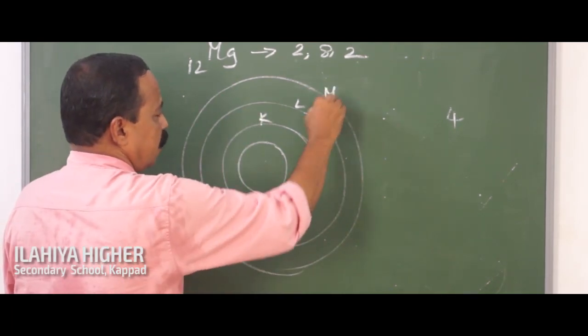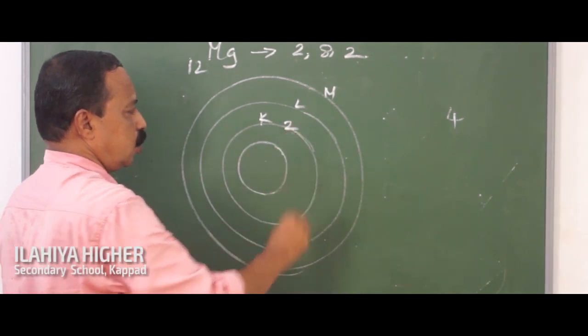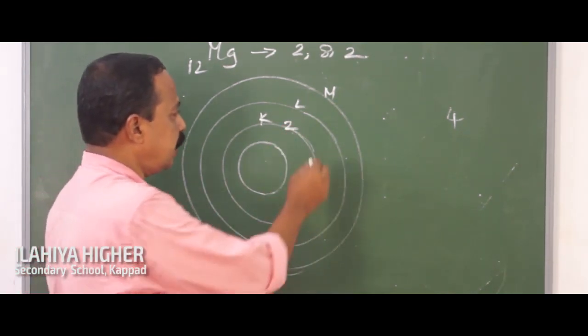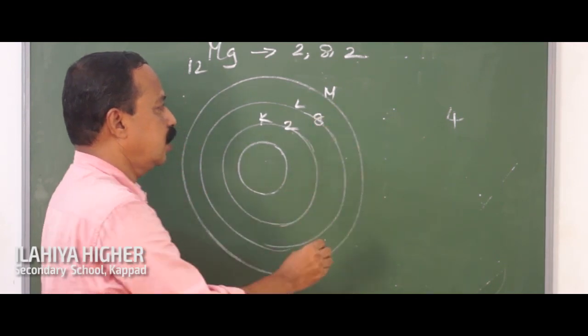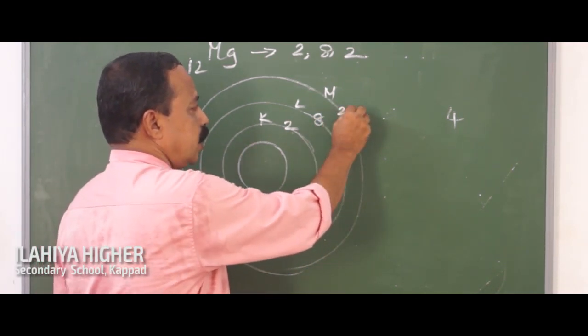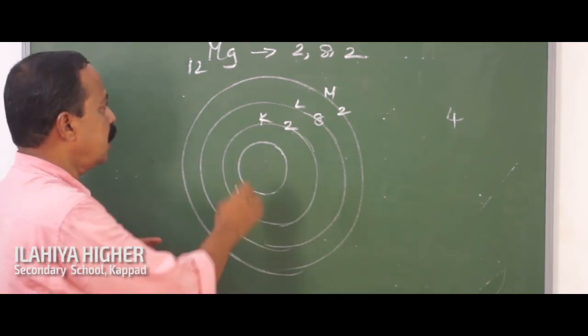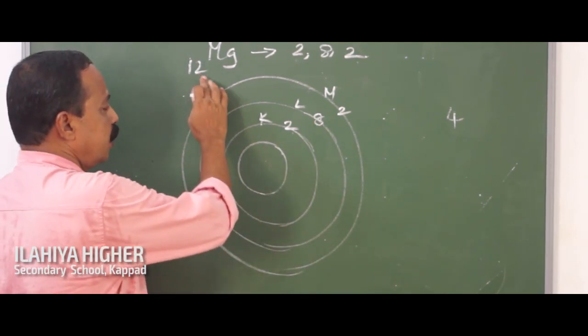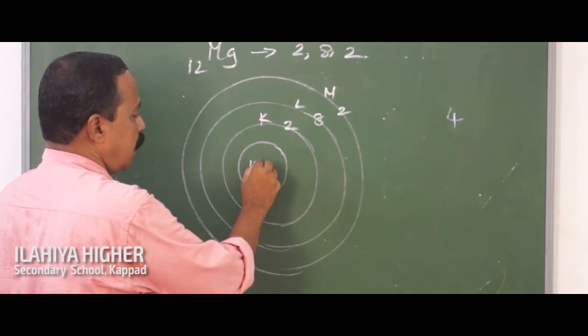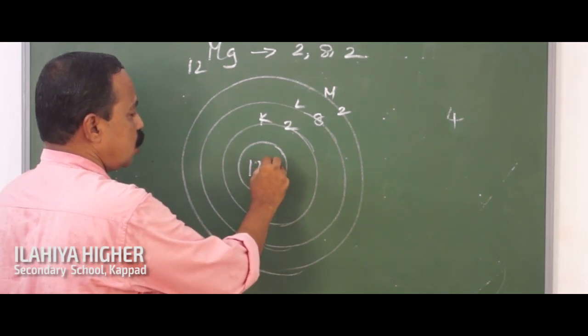K, L, M. The first shell contains 2 electrons, the second shell contains 8 electrons, and the third shell 2 electrons. Here, the number of protons is 12 and the number of neutrons is also 12.